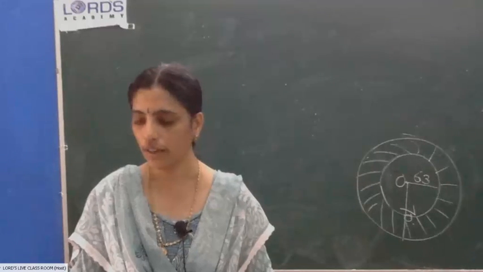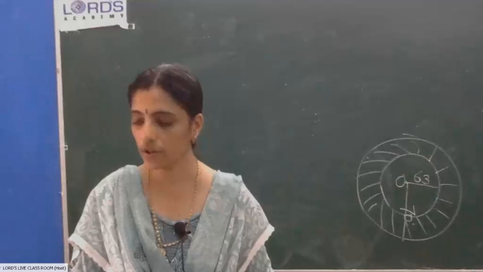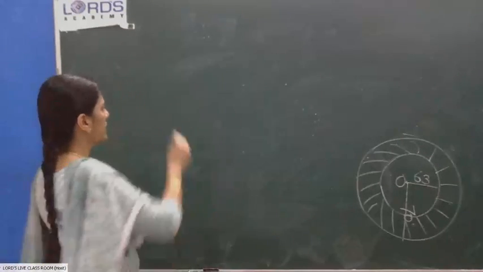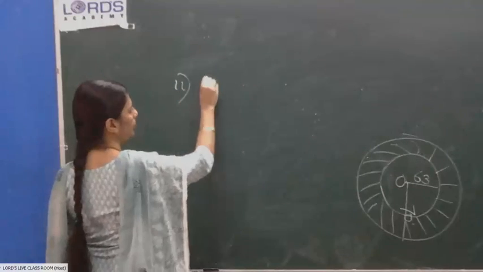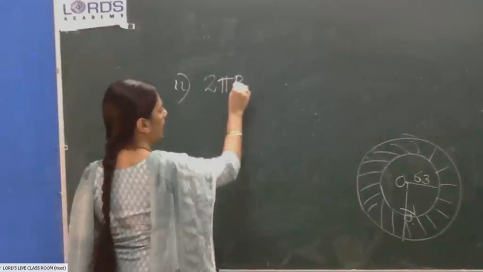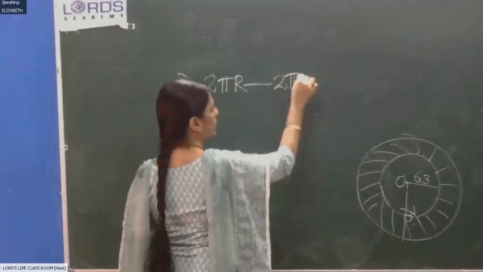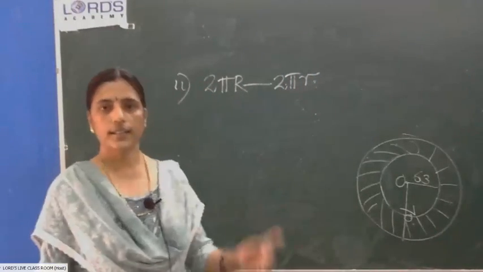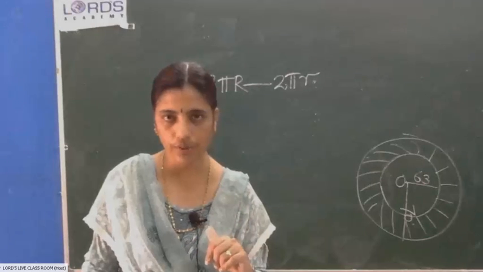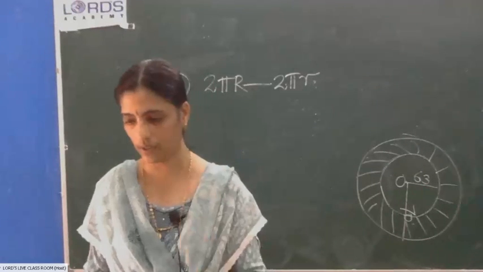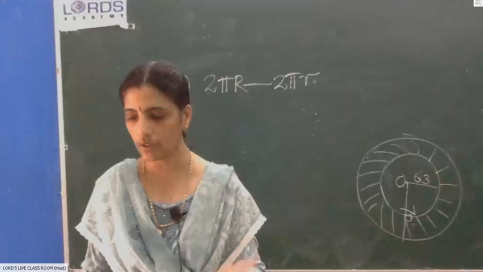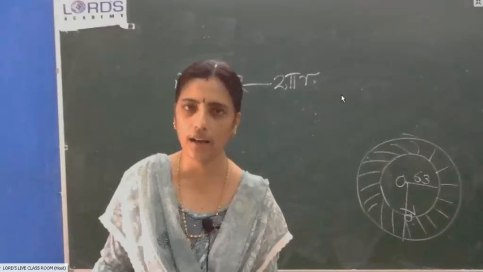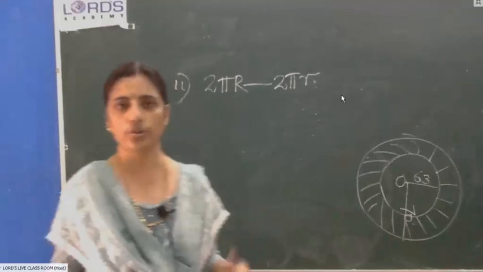Second subdivision, difference between the lengths of the two circumferences of the track means 2 pi capital R minus 2 pi small r. Circumference of both the circles you find, and then they need its difference. Anyway, you know capital R and small r. So why can't you use and get the answer?